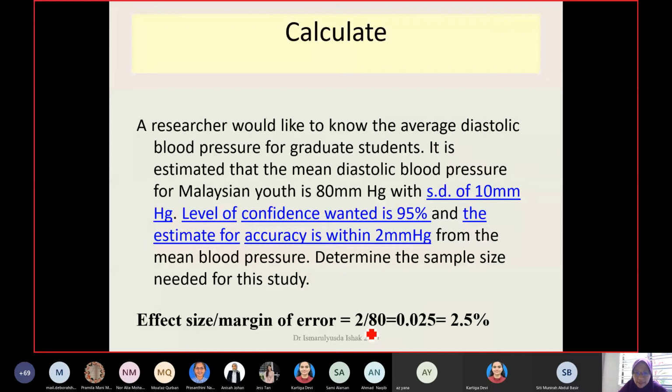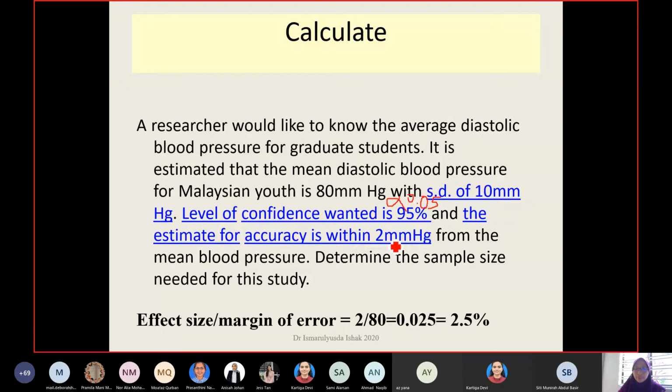The sigma divided by the mean, you get 2.5%. The effect size to be used in this study is 2.5%, small. This is sigma, the standard deviation, 10. The level of confidence wanted is 95%, which means your alpha is 0.05.